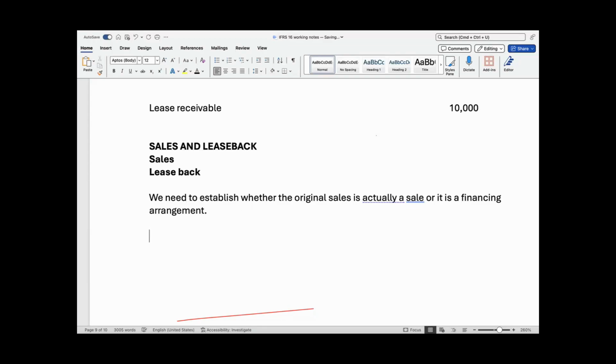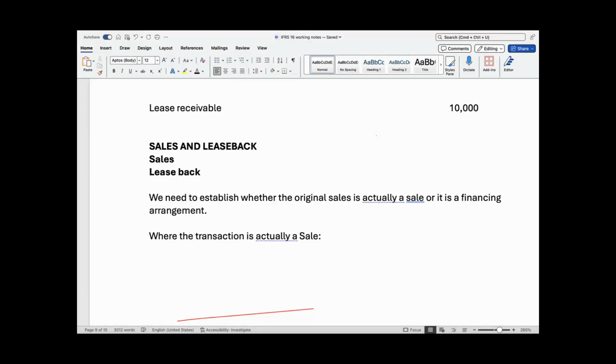Here, where the transaction is actually a sale, then it becomes straightforward.